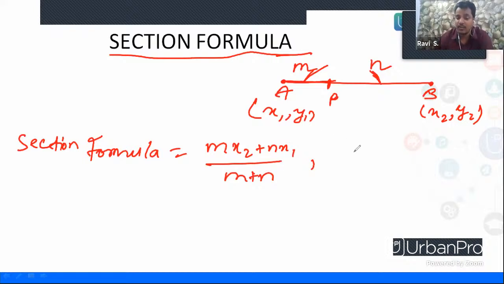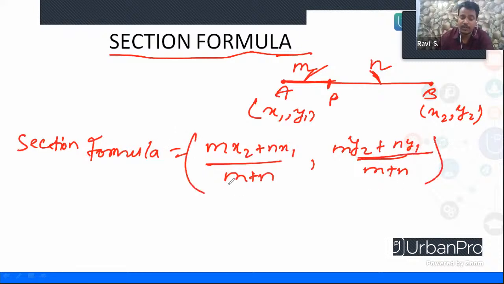Now again, (my2 plus ny1) by (m plus n). Guys, don't forget to write this. It will be good if you have your copy with you, you could write it down quickly. So this is the section formula.